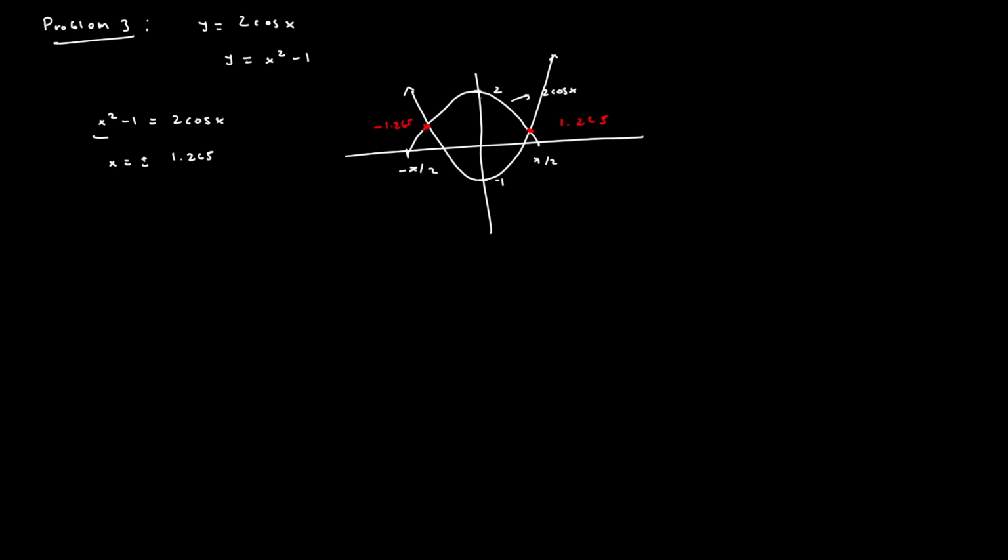And to find the area, to help set up our integral, we see that each strip is just the difference of the top curve minus the bottom curve. The top curve happens to be 2 cosine x, and the bottom is x squared minus 1. And then our width is determined by dx.